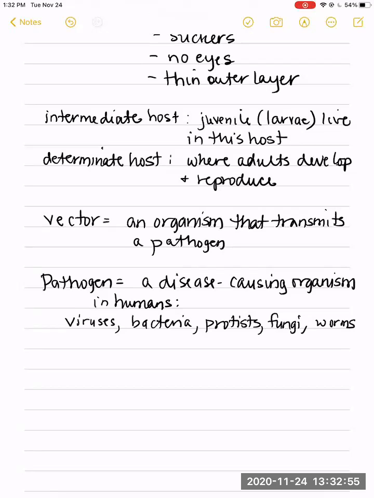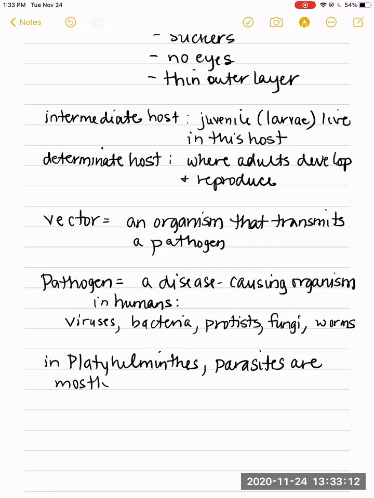So what type of flatworms are parasites of humans? They're mostly tapeworms, which I'm sure you've seen pictures of before, but I'm going to show you some pictures of tapeworms and flukes.